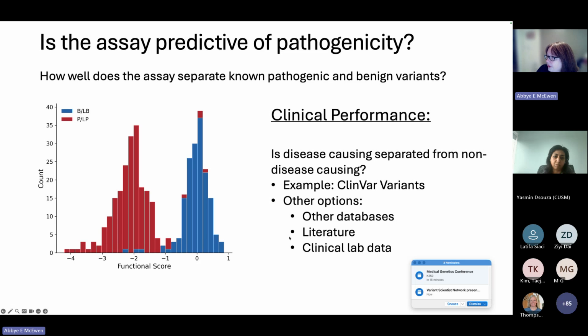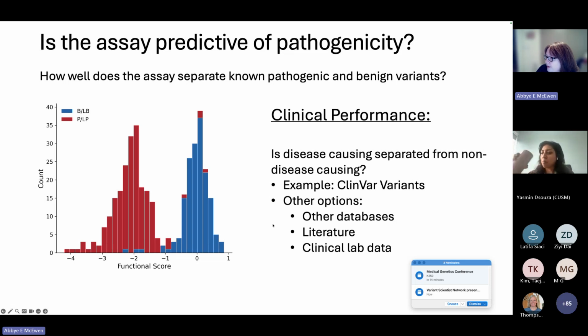The other kind of control variants are the clinical controls, and this is related to clinical performance. Are the disease-causing variants separated from the non-disease-causing variants? So instead of graphing synonymous and nonsense, this time I'm graphing benign and likely benign in blue and pathogenic and likely pathogenic in red. And the way most people do this is to look at variants from ClinVar as their control set.